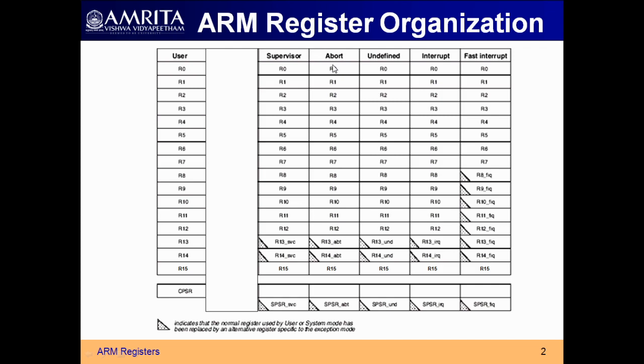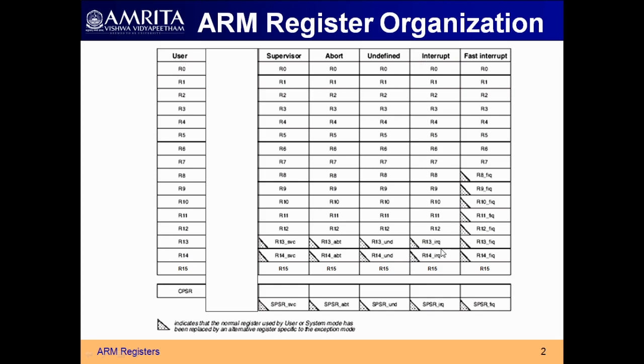Similarly, when the processor is moving on to abort mode, here also R13, R14 and SPSR, these 3 registers are separate registers known as R13 underscore ABT. This underscore ABT shows that these are the registers of abort mode. So here also these 3 registers are separate registers, but the remaining registers are same copy of user mode, right? So whenever you are moving from one mode to another mode, the registers with this dashed line will be a new set of registers which are replacing the corresponding registers in the user mode.